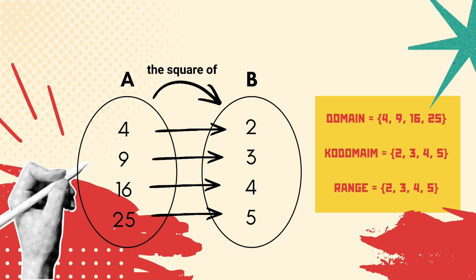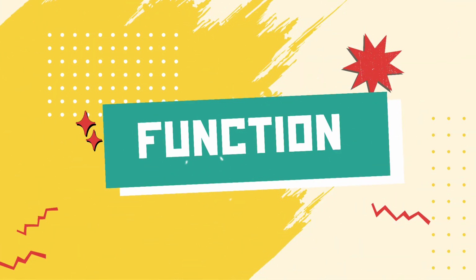For example, if we have the relation A is the square of B like this, the domain is 4, 9, 16, and 25. The codomain is 2, 3, 4, and 5. And the range is 2, 3, 4, and 5. Next, we will learn about functions.